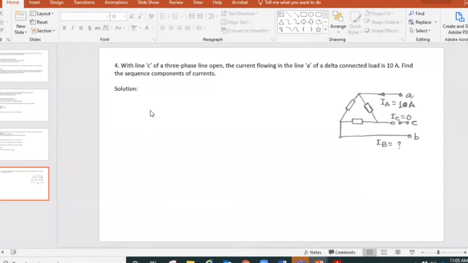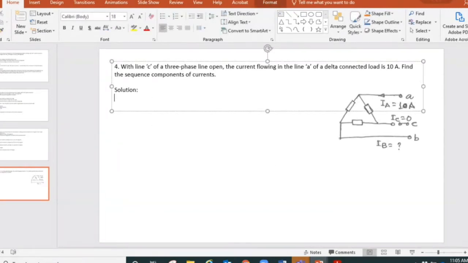So what we should do, we first write that IA is given, 10. We assume the angle to be 0 degrees. Then IB, we don't know.